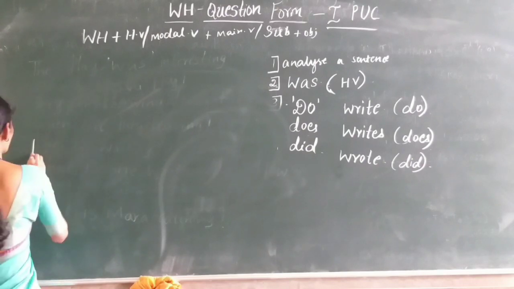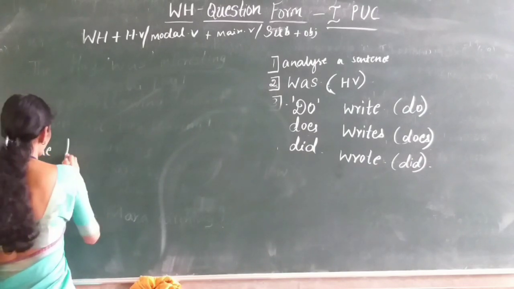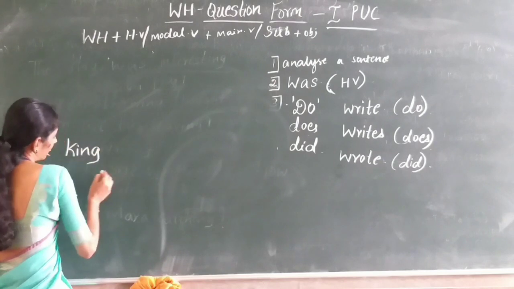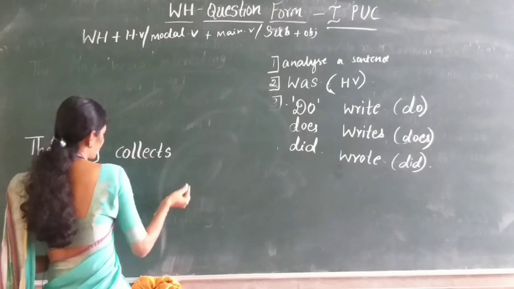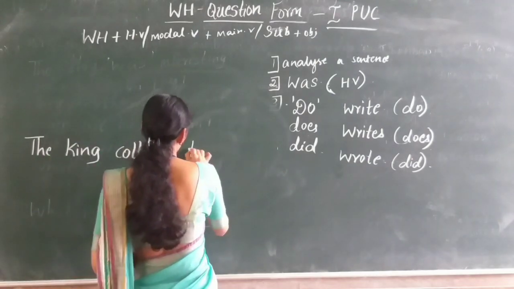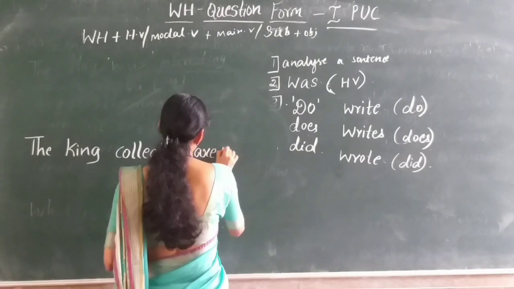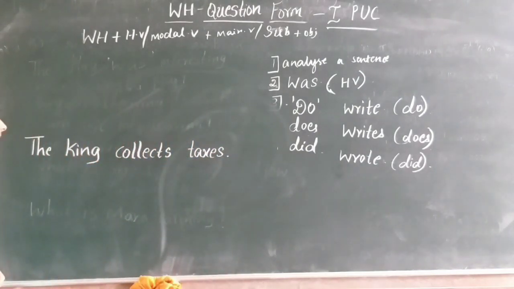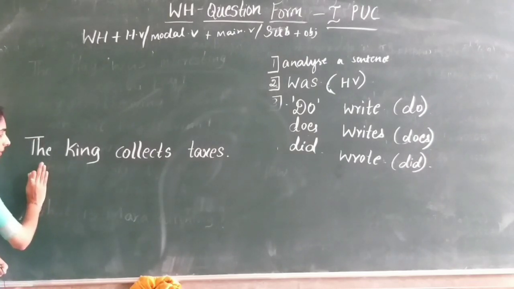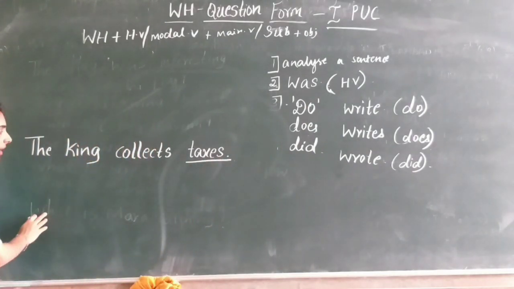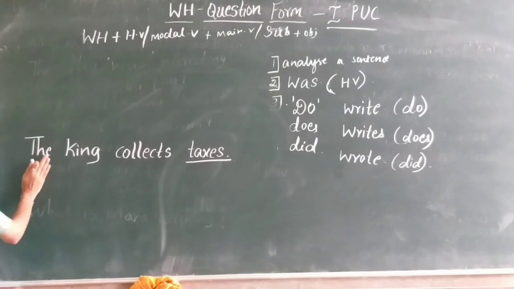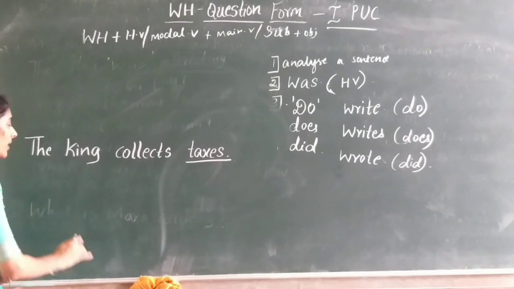For example, the king collects taxes. So I have written a sentence here, and taxes is underlined here. Now you have to frame a WH question to get the underlined words as the answer.